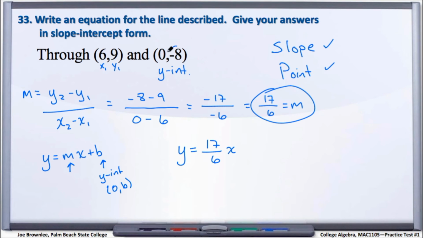Well, what is b from the y-intercept? Well, -8. And so there we have the equation of the line that goes through these 2 points.